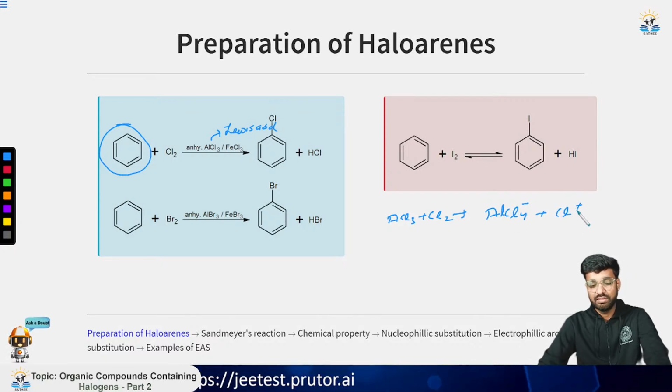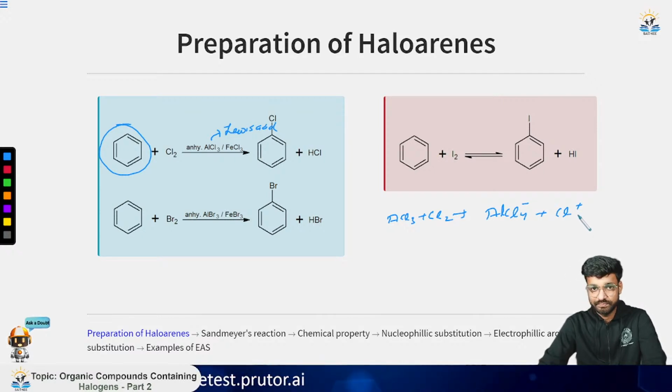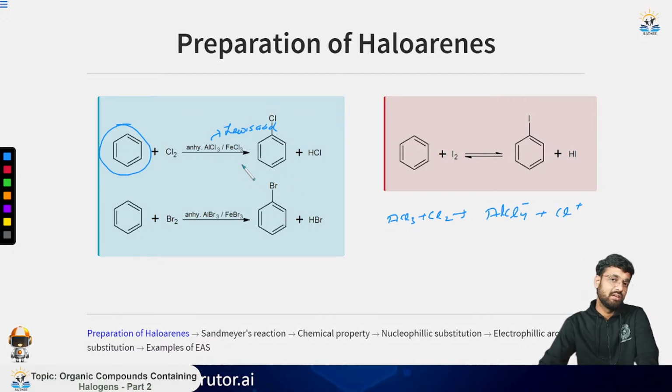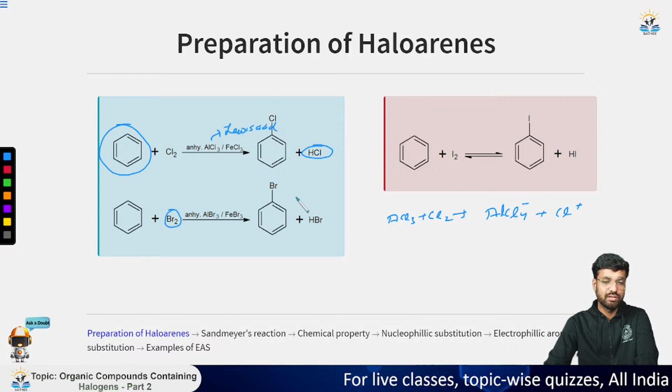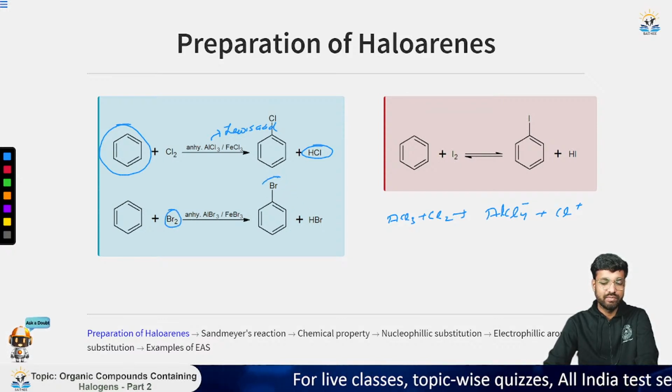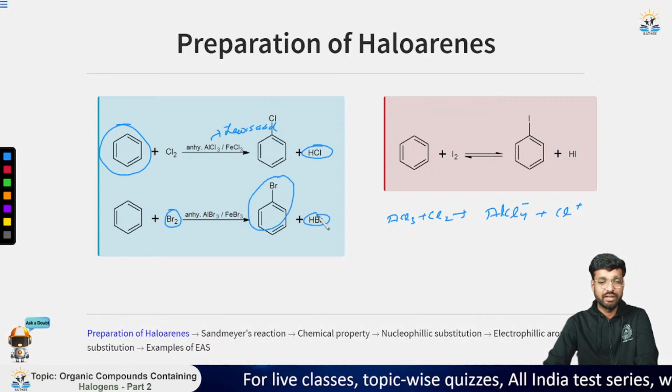Now this Cl plus is the electrophile here. This Cl plus attacks the benzene ring, and we get monosubstituted chlorobenzene, plus HCl is released. Similarly, if we take Br2 in the presence of AlCl3, we get bromobenzene and HBr, hydrogen bromide.